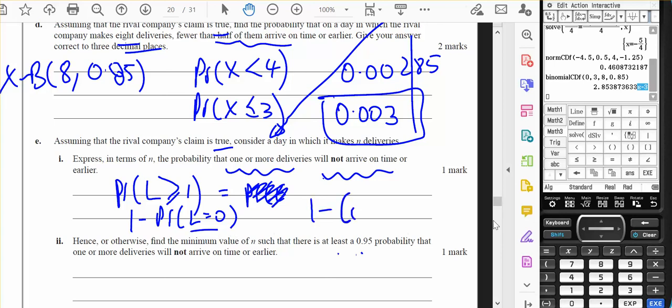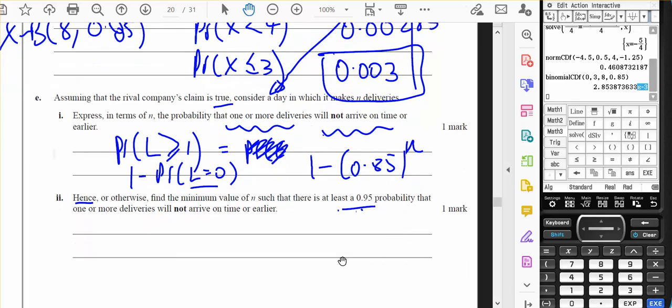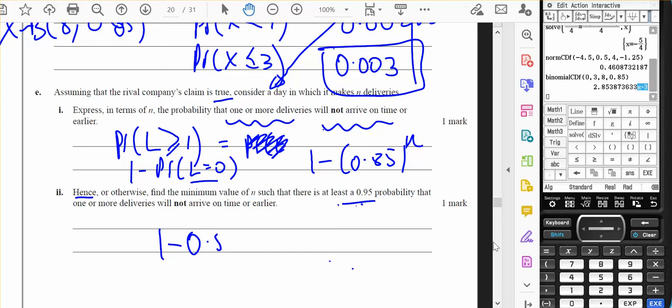So 1 minus 0.85 to the power of n, and hence or otherwise, we want at least 0.95. I want 1 minus 0.85 to the power of n at least 0.95.